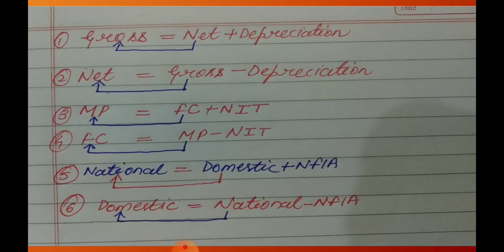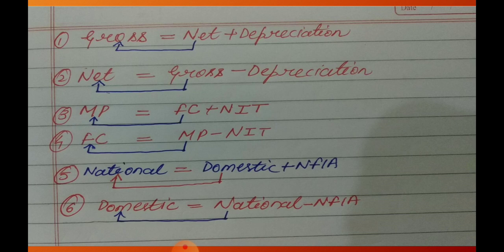Let's make a quick revision. In the second chapter I told you the conversion of national income aggregates. If net is given and you are going to calculate gross, then you have to add depreciation. If gross is given and you are going to calculate net, then you have to subtract depreciation.